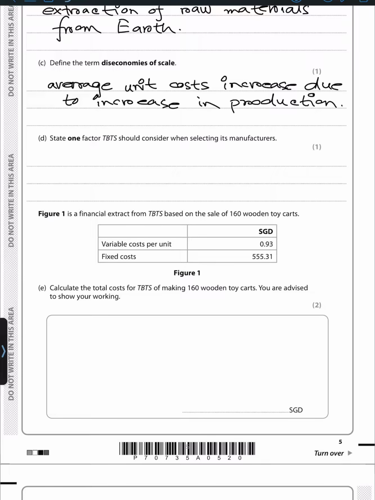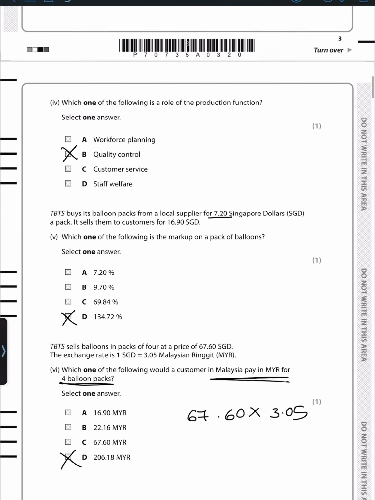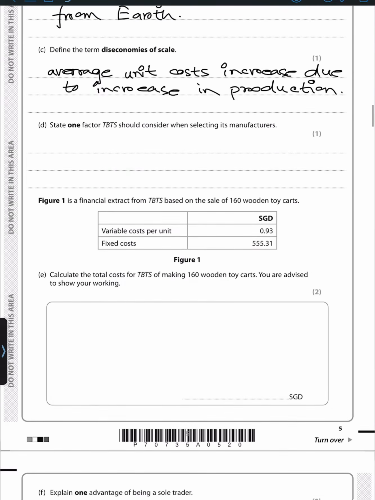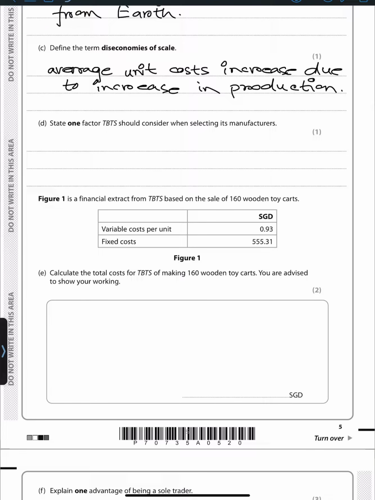Just one random factor is not going to get you a mark, so it has to be really related to TBTS and its objectives and outlook. So we learned from the first page that TBTS sells toys which are environmentally friendly. All of the toys are supposed to be environmentally friendly. So connecting to that context, we could say that TBTS should select manufacturers that produce toys in an environmentally friendly way, so that it is in line with the objective of the business itself.